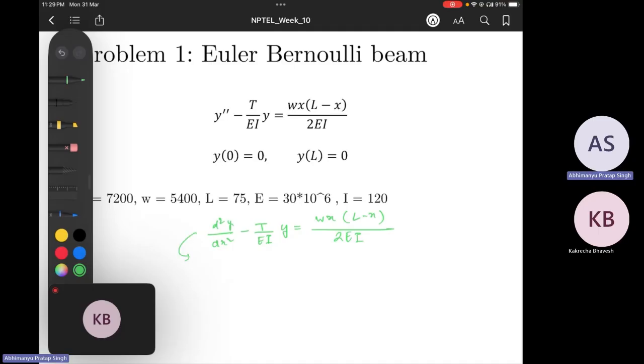We just need to write this using central difference, expand this, and the rest is simple. There is no term of y on this side, so we will just leave this as it is and solve this part. This just changes the bi term. No other change happens because of this.